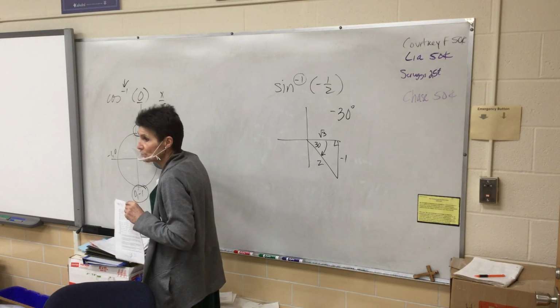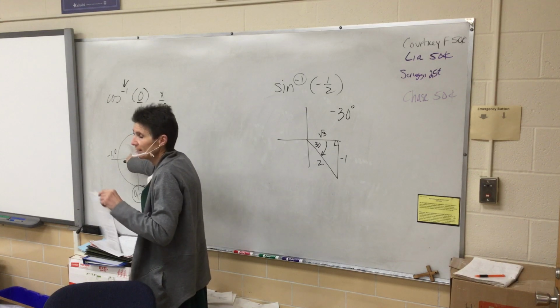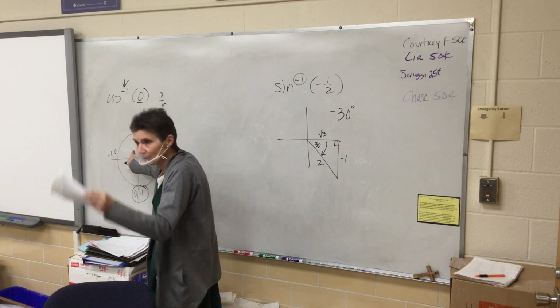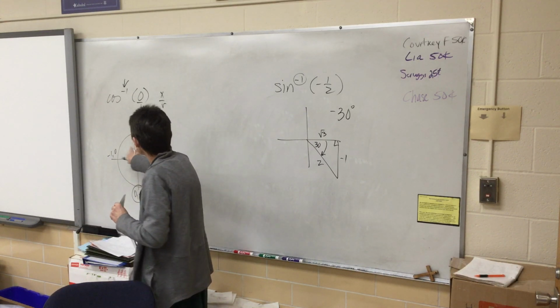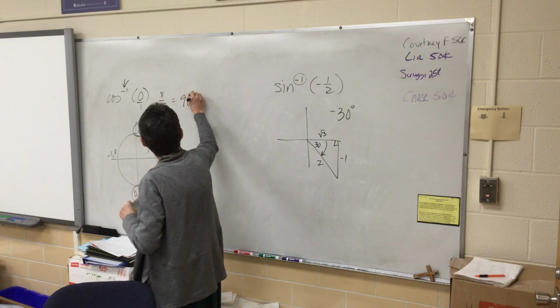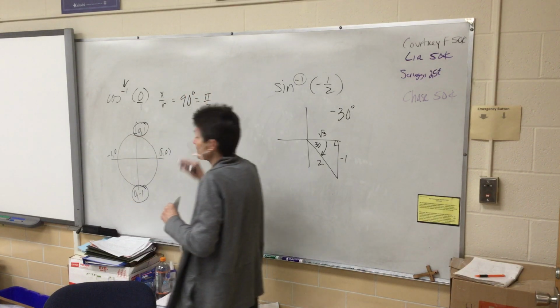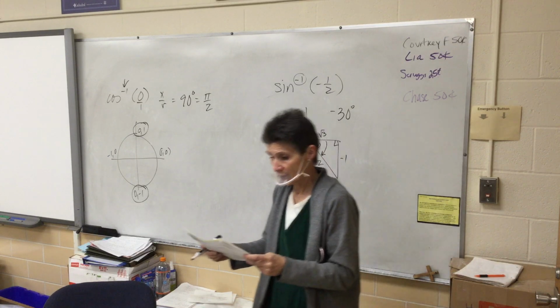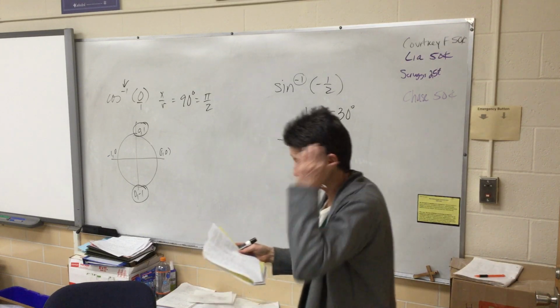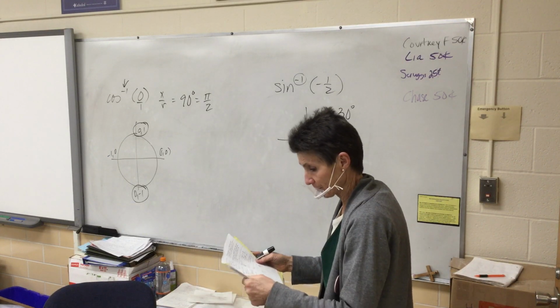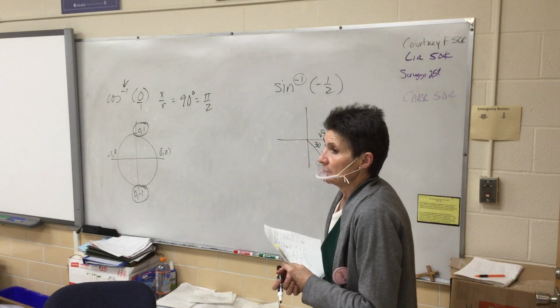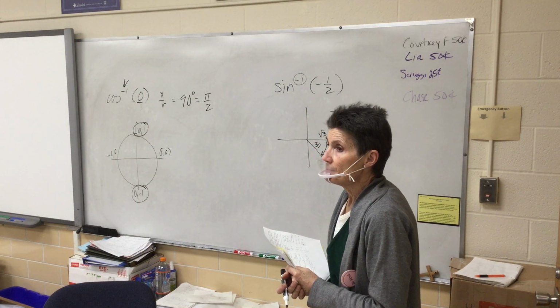I'm going to pick the top one, because it's not in the quadrants, but it's right there in that area. So the answer to the problem is 90 degrees, or pi over 2 radians if you're answering in radians. It doesn't say, so we'll put down both. Okay?